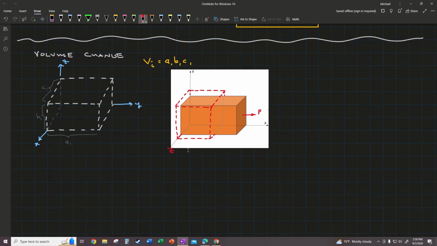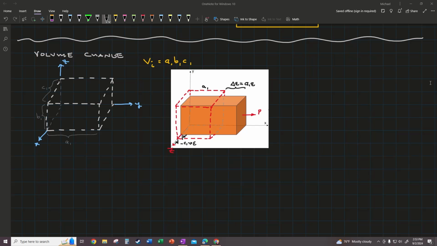The ZY plane is attached to the wall here, and the XY plane, this far edge of the rectangle, just slides along it. So we're shrinking laterally the rectangle and extending it in the longitudinal sense along the x-axis. So the change in length here is just the original length A1 times the longitudinal strain.